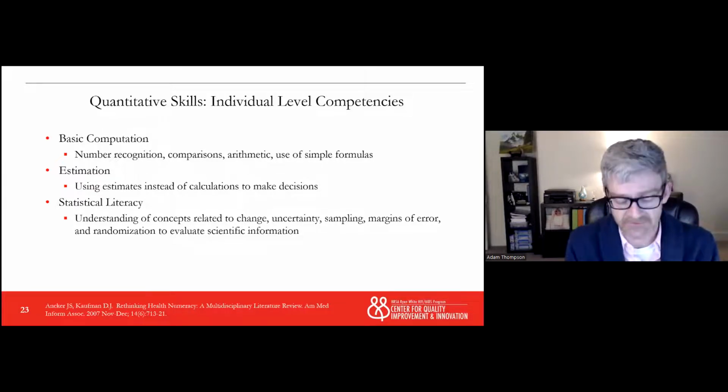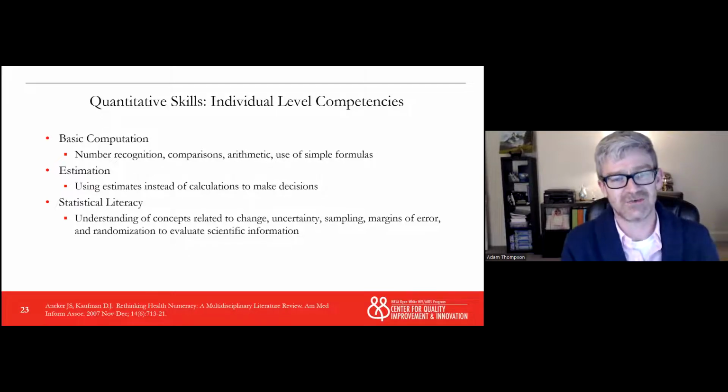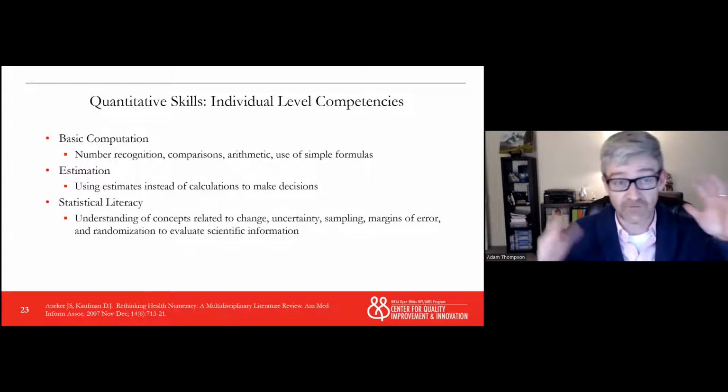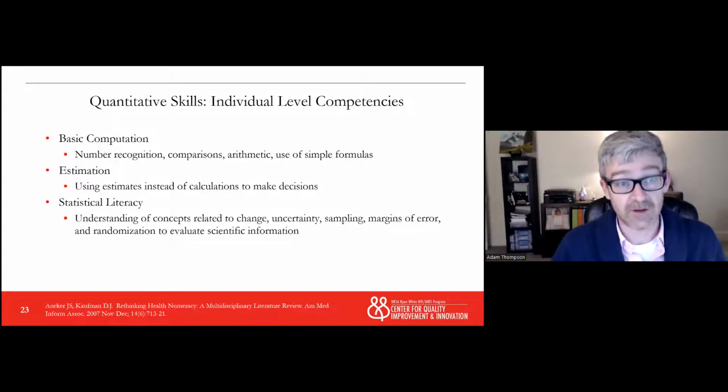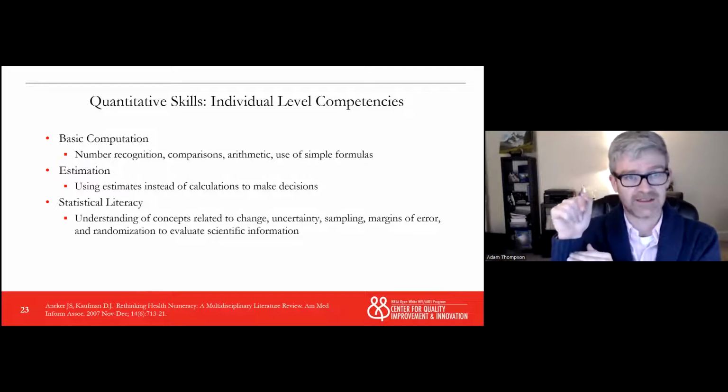The other individual level competencies related to analyzing information also include estimation, right? Using estimates instead of calculations to make decisions. So for example, when my mother goes to a restaurant for dinner, they don't have the little boxes that tell you how much pasta is here, what kind of pasta it is, and how many grams is this portion.